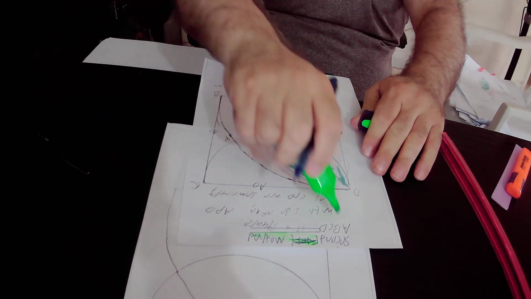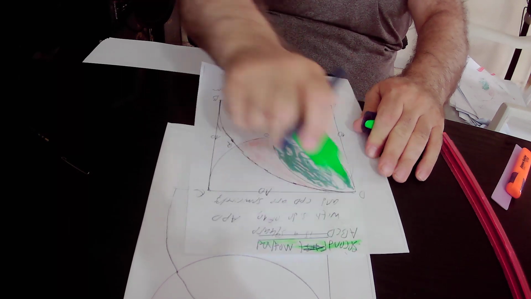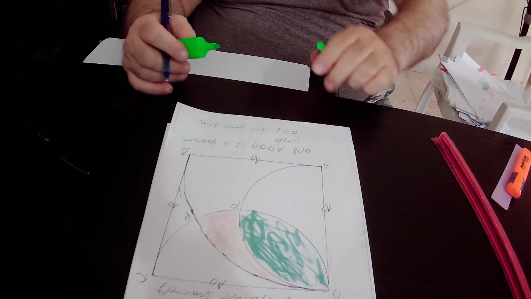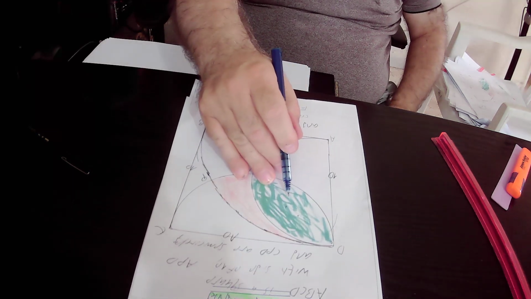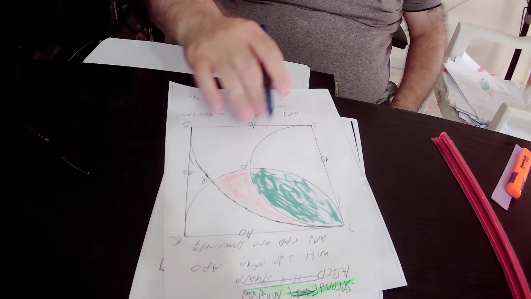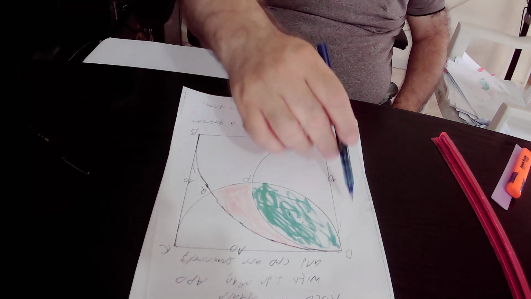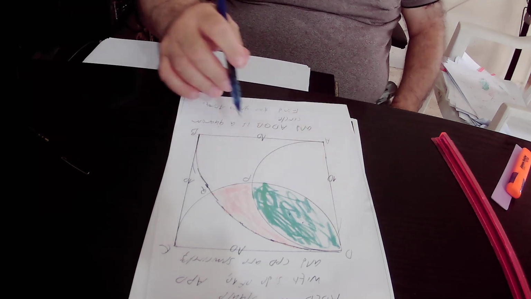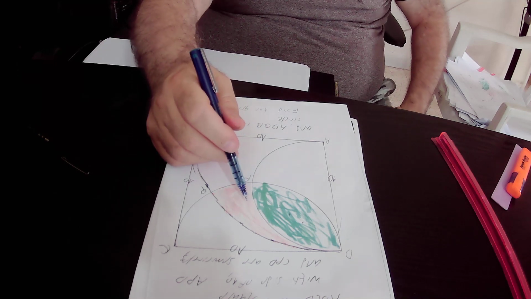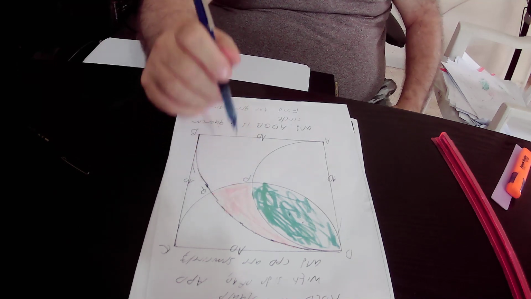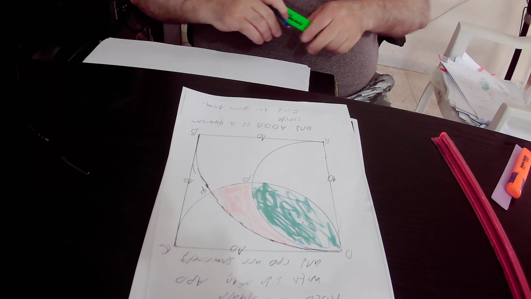In the second method, we directly calculate the area of this big lens. We'll subtract the areas from each other, and this will give us the area of this orange shape. Okay?